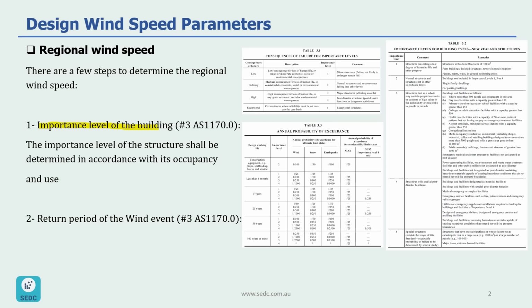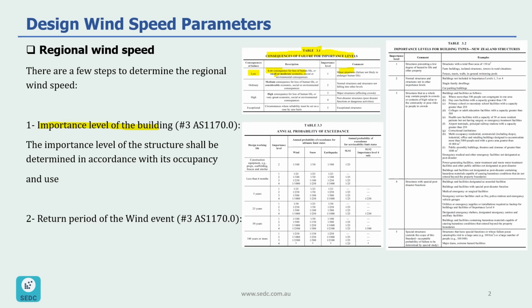If we look at table 3.1 of AS 1170.0, it explains the consequences of failure for importance levels. For example, the low consequence of failure is for minor structures where there is low consequence of loss of life, or a small or moderate economic, social, or environmental consequences.